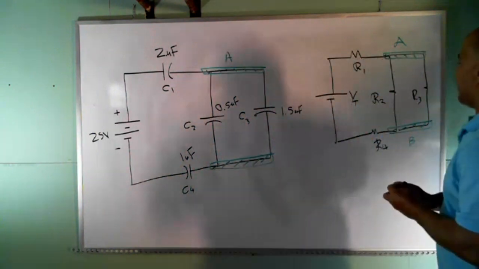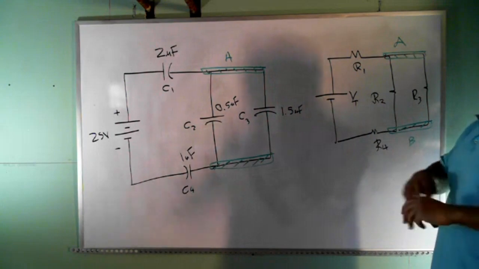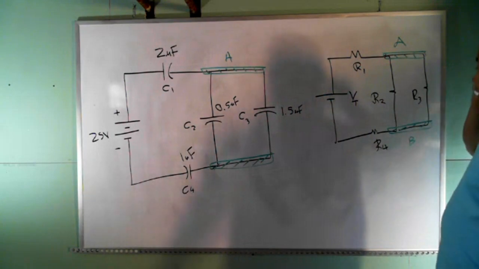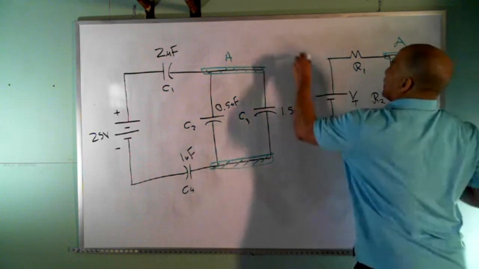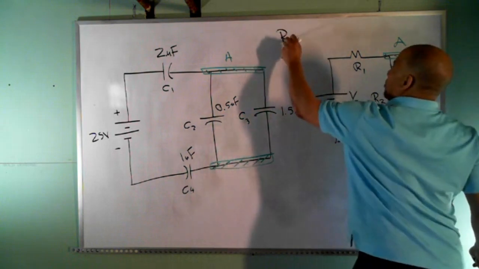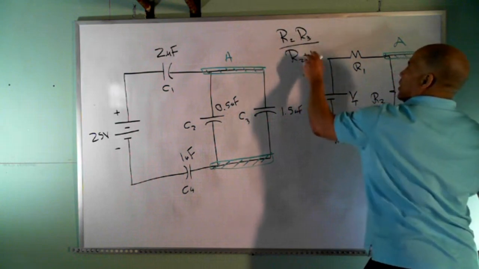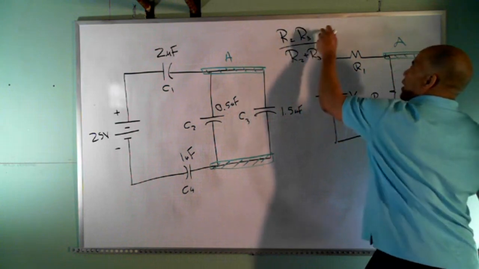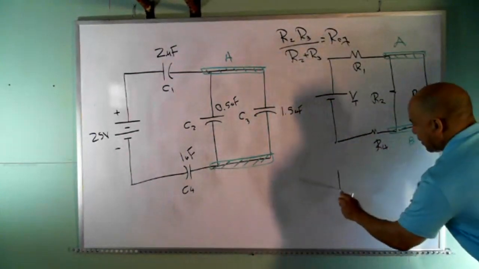And then you would redraw this, and we want to end up with a series circuit because everybody can solve a series circuit. So you say, all right, I got these in parallel. And for this one, to get the equivalent resistance, you say I got R2 times R3 over R2 plus R3, and you get the equivalent resistance. And then you would redraw this circuit.